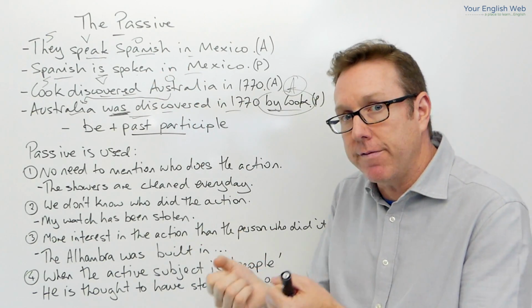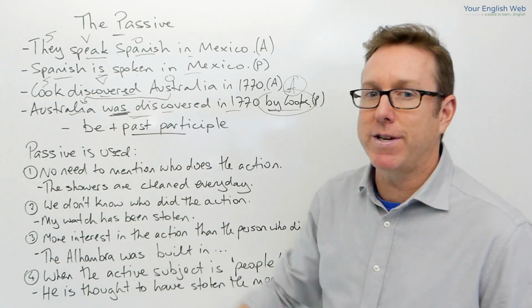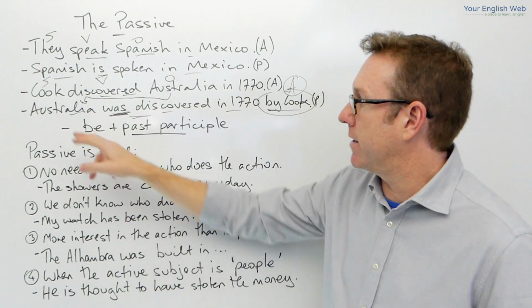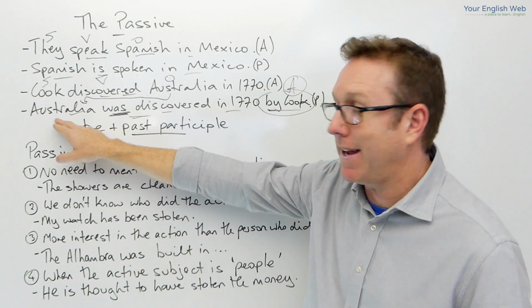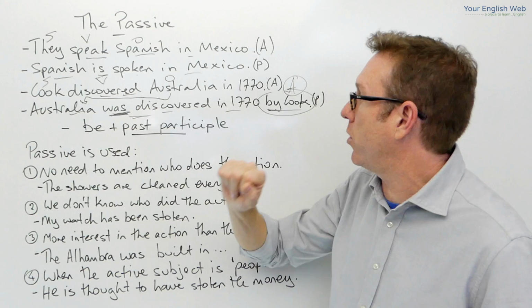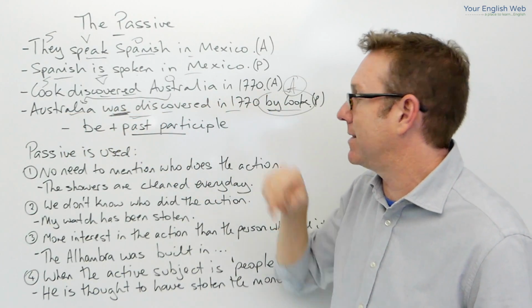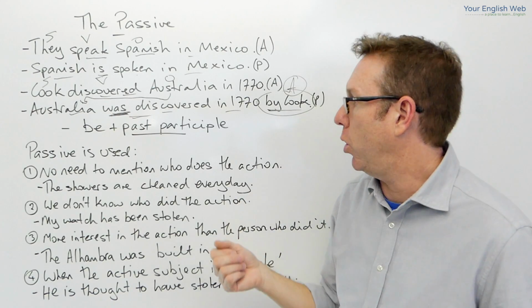They're the passive receivers, let's say. They become the protagonists. They become the stars of the sentence by becoming the subject in the passive structure. So: Spanish is spoken in Mexico. Australia was discovered in 1770 by Cook.